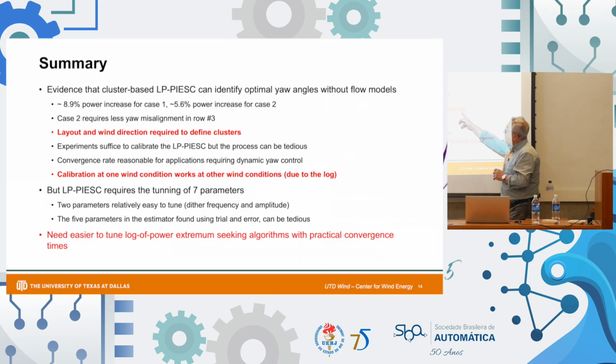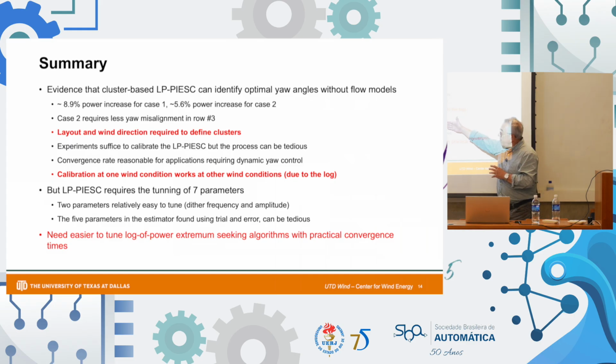The good thing of the log is you calibrate at one wind condition and it works at other wind conditions. But that's only true for the wind speed, not the wind direction. Because if you change wind direction, you may want to change what clusters you use, and you may want to adjust some of the parameters of the Extremum seeking controller.